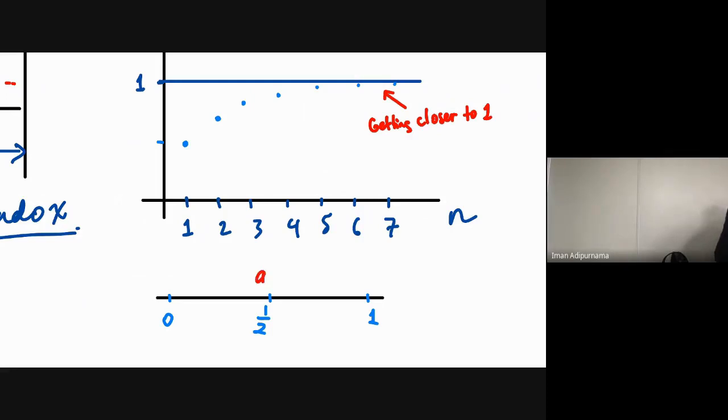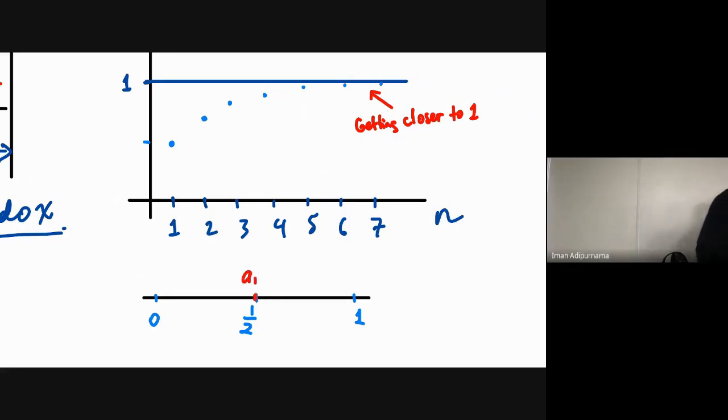This is A1, and then this is A2 and A3, A4, and you will see it's getting closer to 1. You will see the gap between the terms of the sequence is getting smaller, right? To visualize how close that is, we can use this graph.